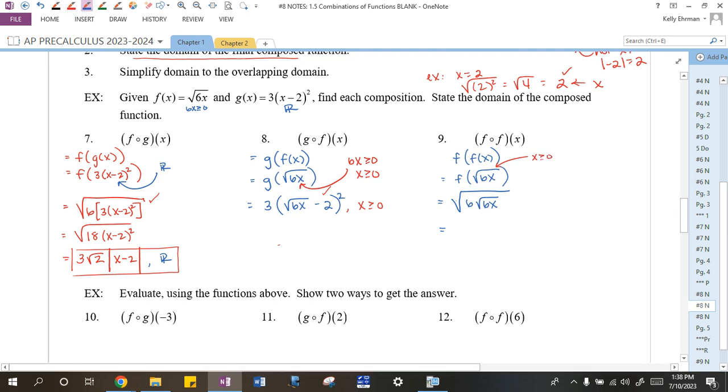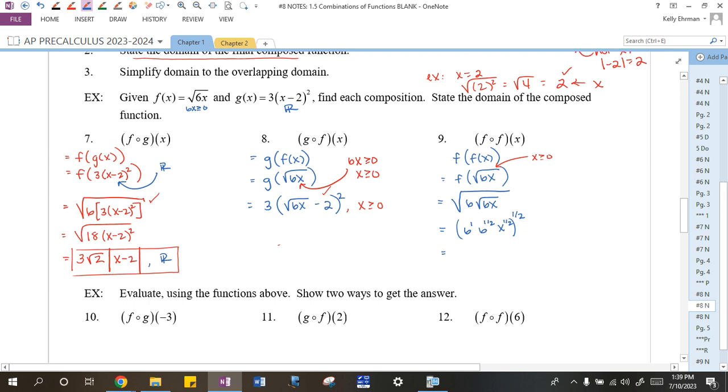Okay, let's think about what this is. A square root, the big one on the outside, is the same as raising something to the 1/2 power. Okay, and then we have 6 to the first underneath there. This 6 is to the 1/2 power, and this x is to the 1/2 power. And remember, with exponents, we can add our exponents.